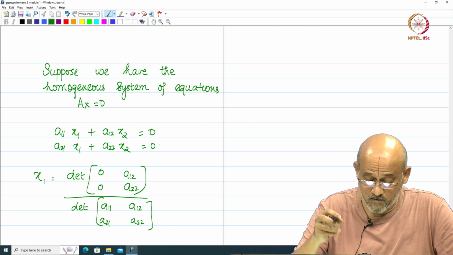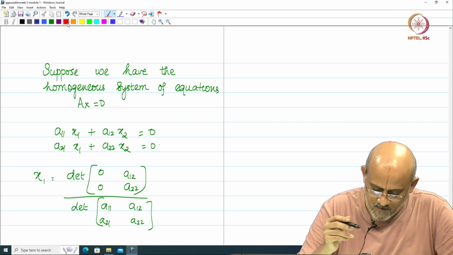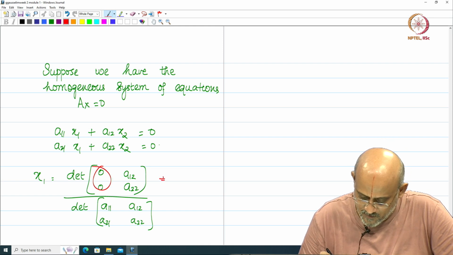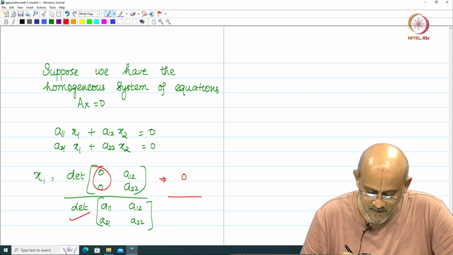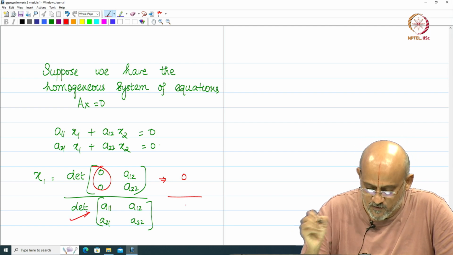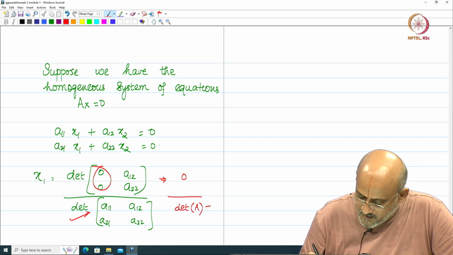Now you see that in the numerator there is one column which is entirely 0, and this will make the determinant 0. The denominator will make sense only when the determinant of A is not equal to 0. So we will put this condition: determinant of A is not equal to 0.